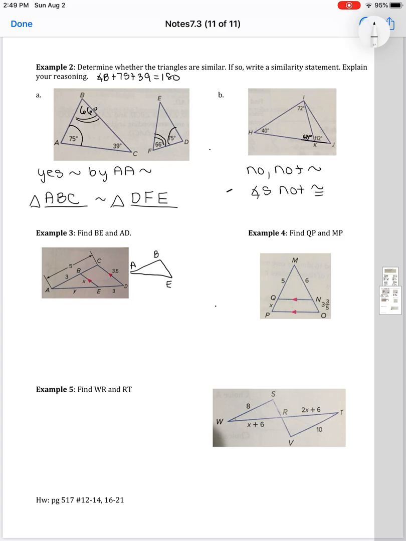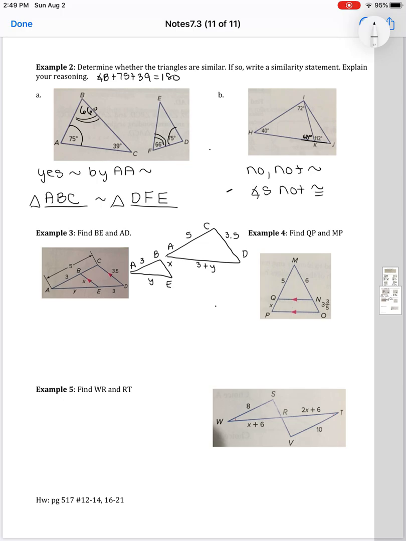So what I mean by that is if I took the little guy, ABE, and then if I took the big guy, ACD, and if I added the length, so we have 3, we have 5, this is 3.5, this is X, this is Y, and from A to D, that's 3 plus Y.